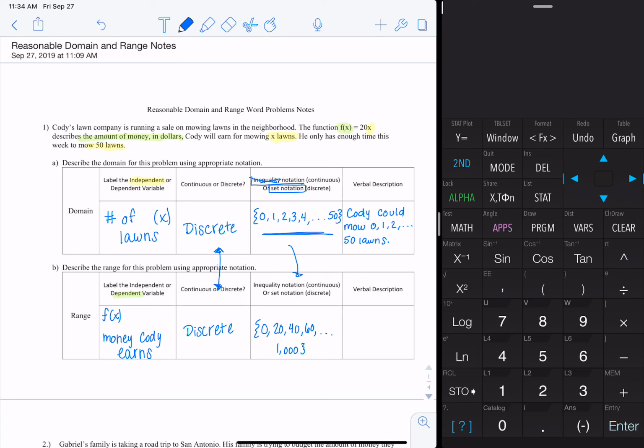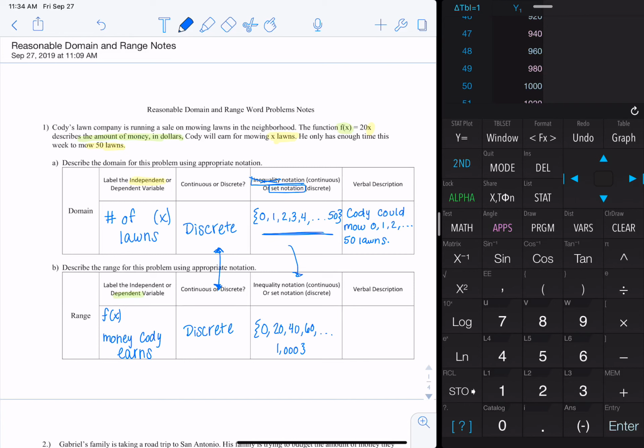Okay, now, in the calculator, you can do that by putting in this equation, 20x, and then looking at the table. 0 is 0, 1 is 20, 2 is 40, 3 is 60. Then if you go all the way to 50, at 50, he's got $1,000, okay?